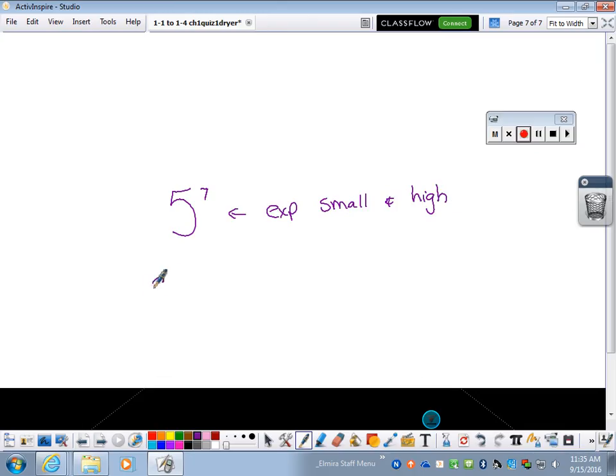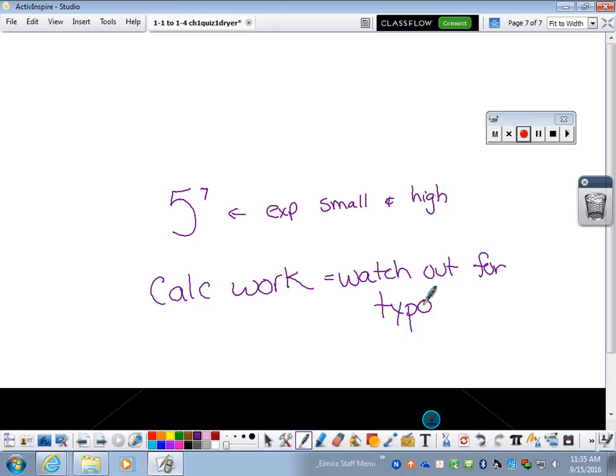For your calculator work, okay, you got to watch out for typos. Because if you have something wrong on your paper, and the reason that it's wrong is because you mistyped something in your calculator, I have no way of knowing that.